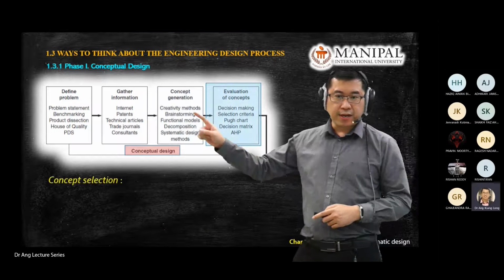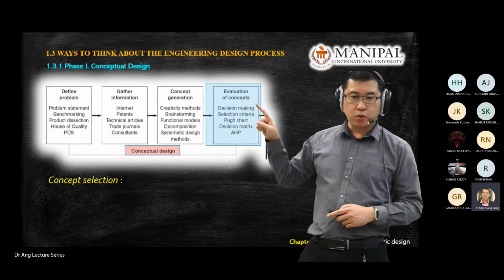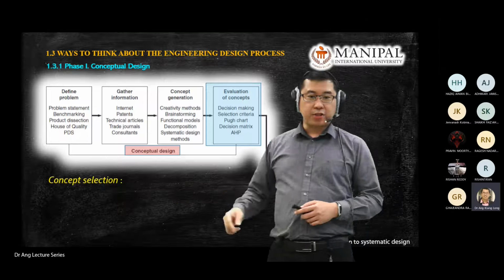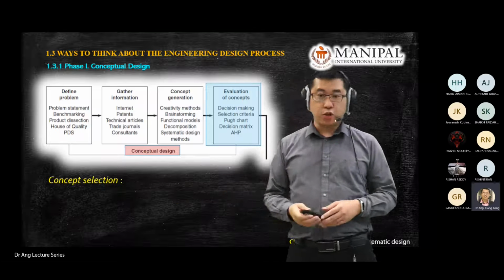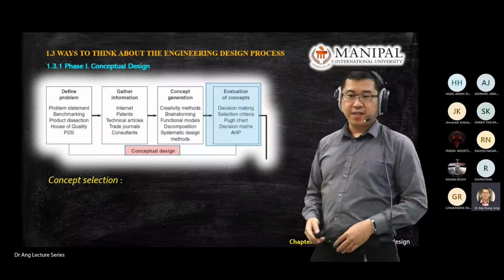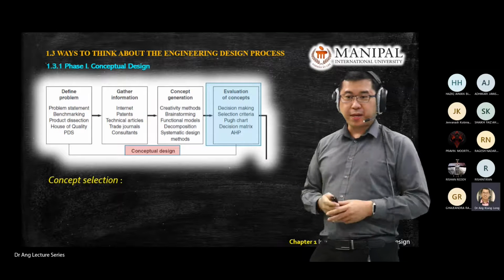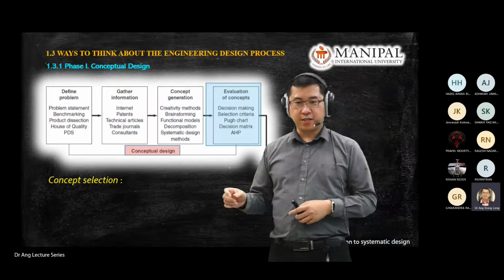The next one, after you have all the concepts, what you do is evaluate, or do selection. Evaluate means you as an engineering student, you evaluate not based on cosmetics, but based on calculation.